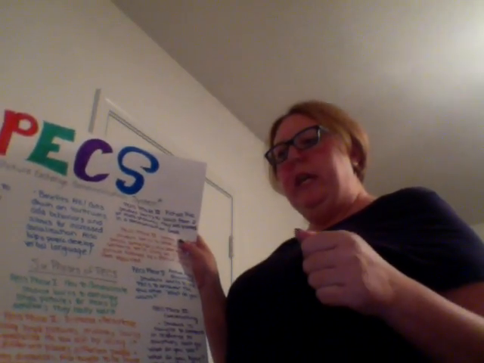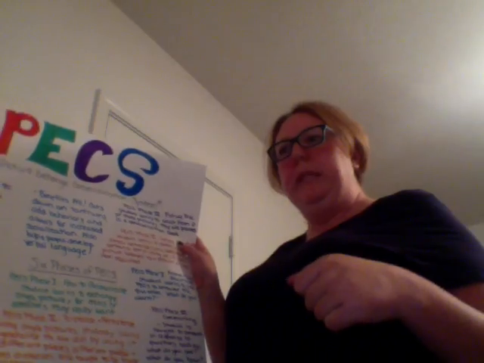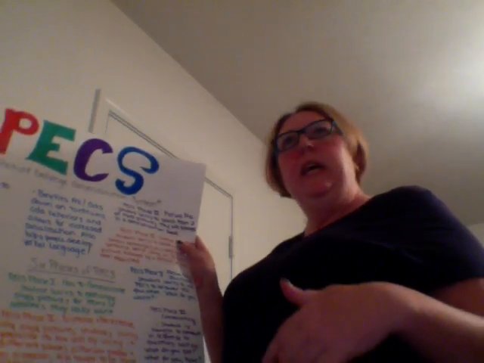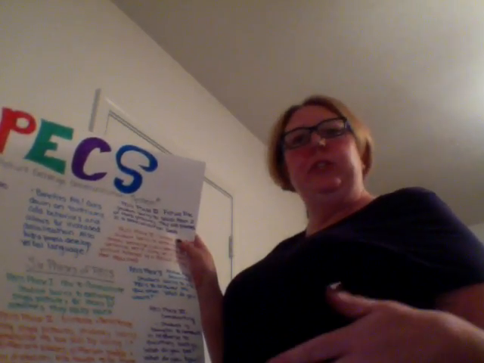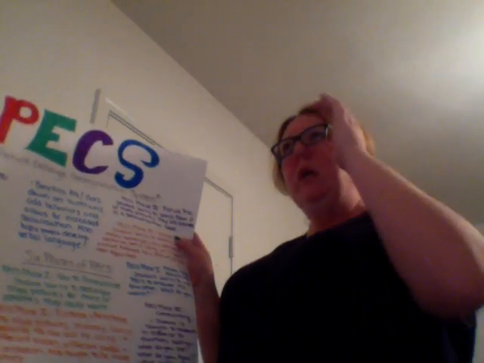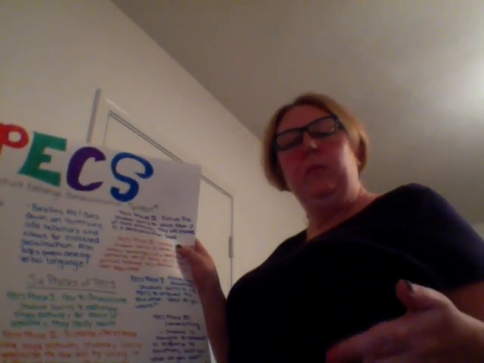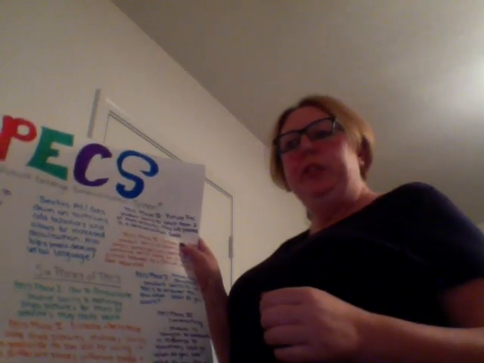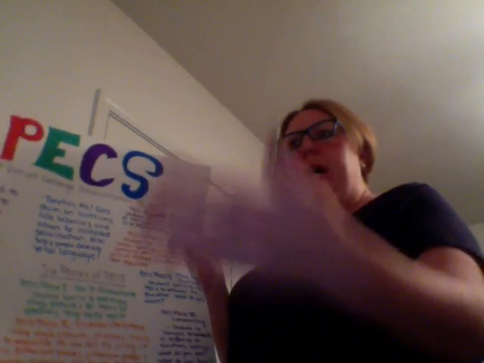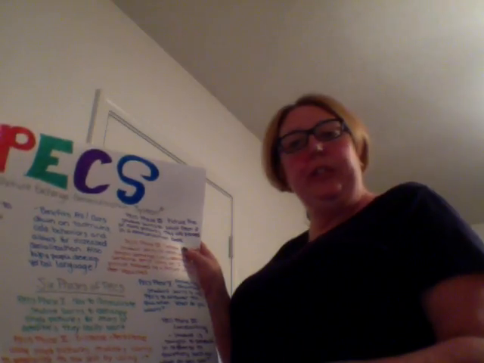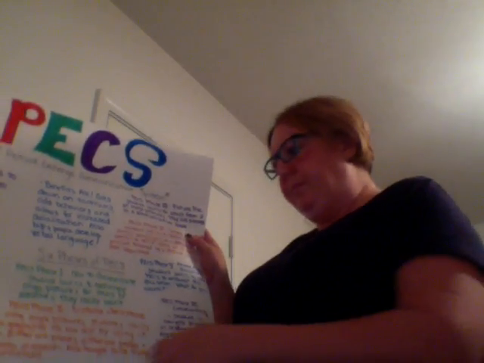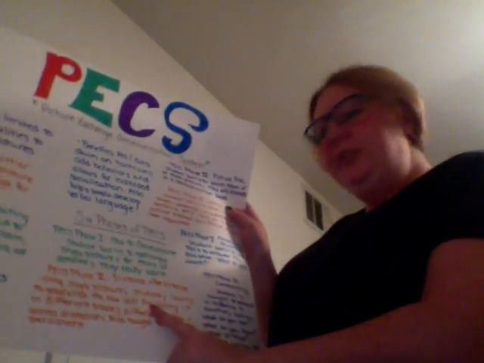The teacher will be sitting right by the student, and the aide or another teacher or the speech pathologist for the school will guide the student without any words being spoken to show them how to exchange the picture with the teacher. Then you move into PECS phase 2.